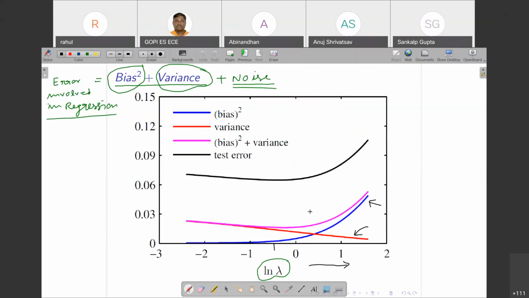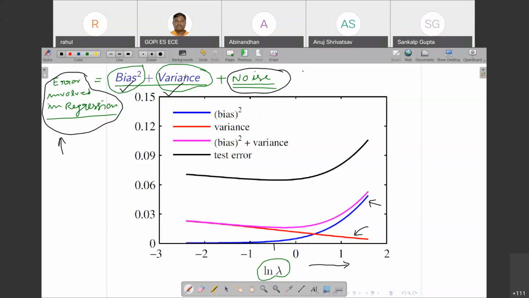What I want to derive is just the outline of the error involved in the regression we did now using this data set. It is composed of three terms. One is bias square, another one is variance, and the third term is the noise.